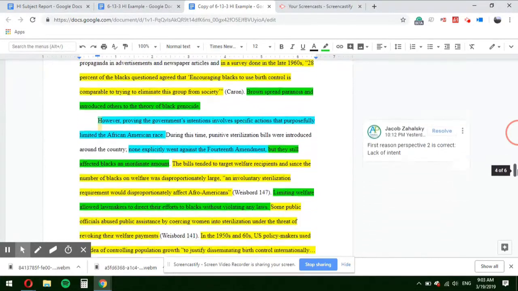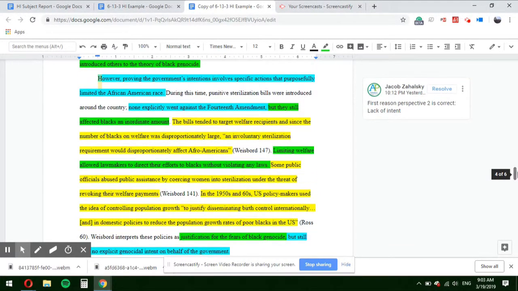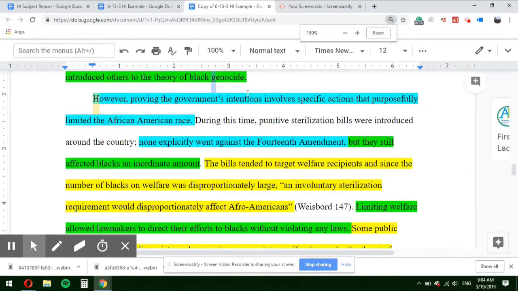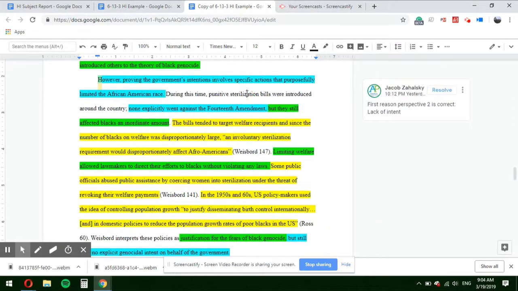In this paragraph the student introduces their second perspective through contradicting the first perspective.